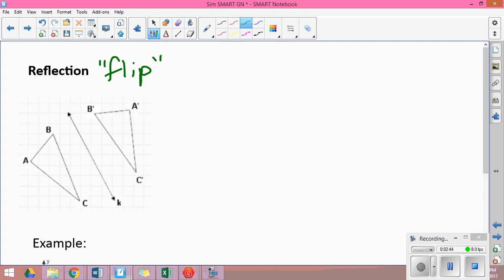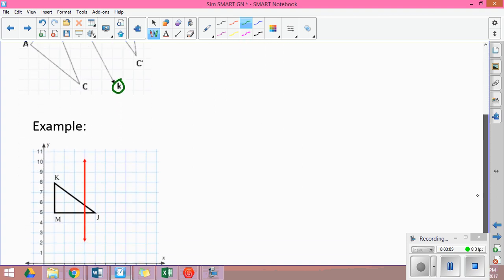We are going to flip it over some sort of a reflecting line, like line K here. This creates congruent figures. When we do this, we do not change the size or shape. So when you graph it, it should look exactly like the original, just in a new location, a mirror image, if you would like to think about it that way.